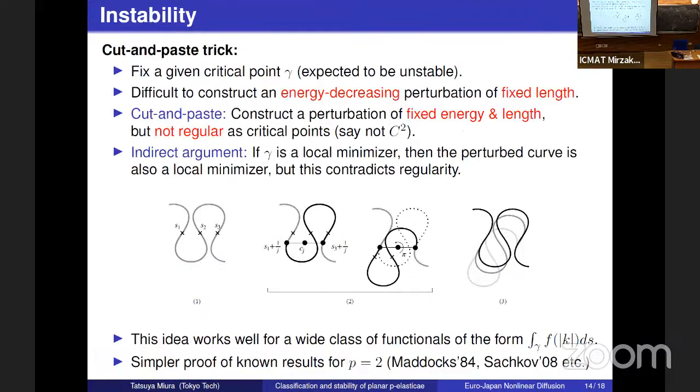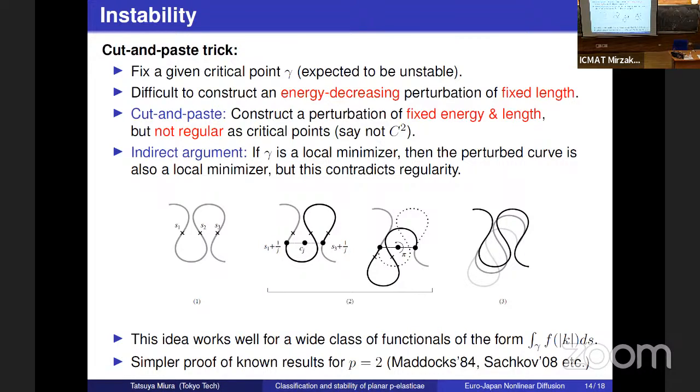Yes, indeed. So of course not a very general class, but our general assumption is that every critical point is of class C2. So it's a kind of abstract condition. But for example, if P is smooth outside zero, and at zero you still have some condition on the non-degeneracy of the second order derivative, then you can easily obtain the C2 or maybe smooth regularity of the critical points.